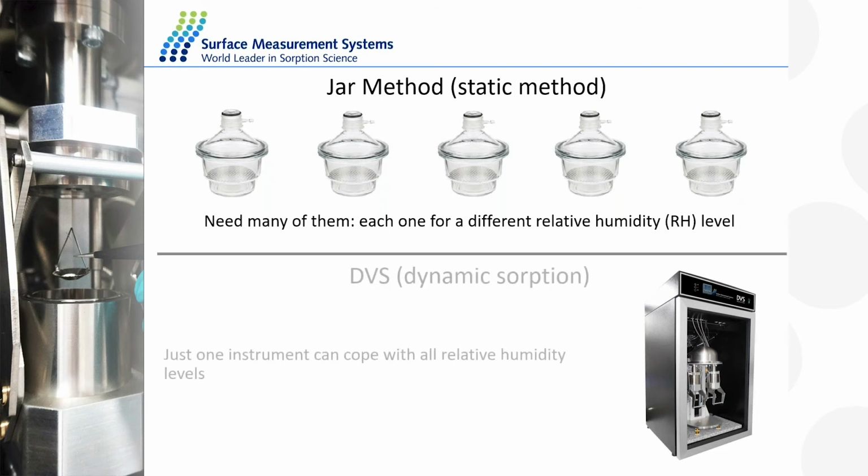A DVS process works exactly in the same way, but we measure the mass and the generation of humidity constantly. We have a microbalance installed in the system that constantly reads the percentage mass change, and we have a series of valves that generates the required relative humidity to perform the experiment.